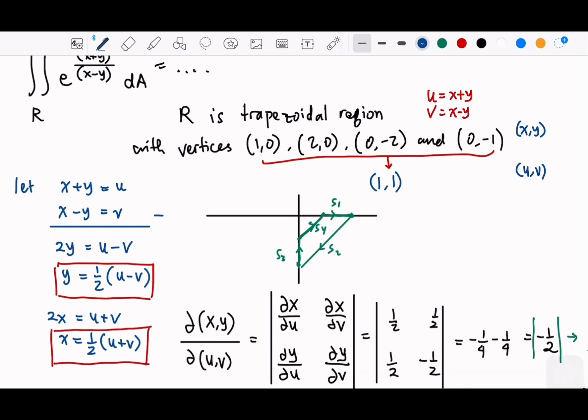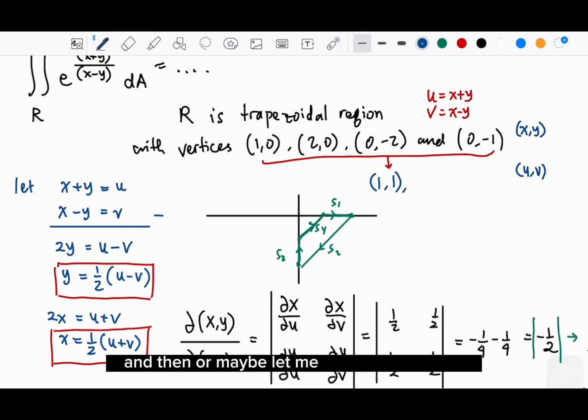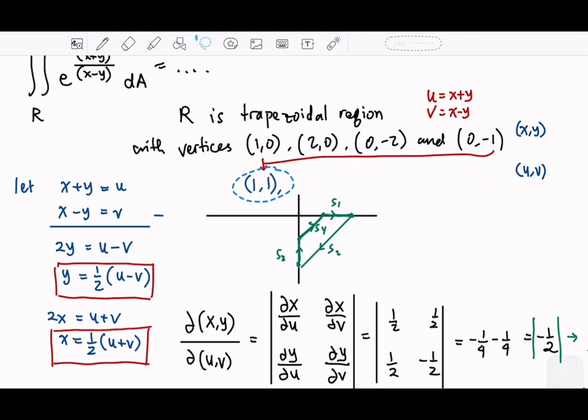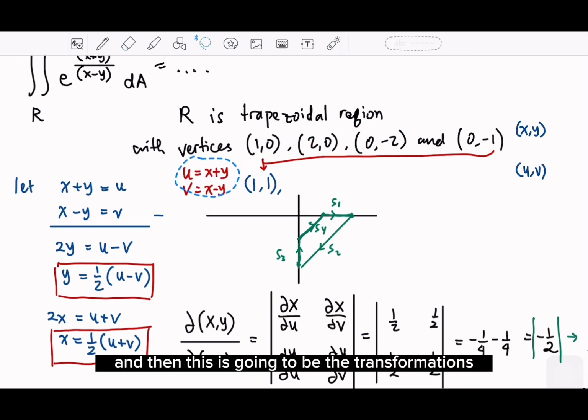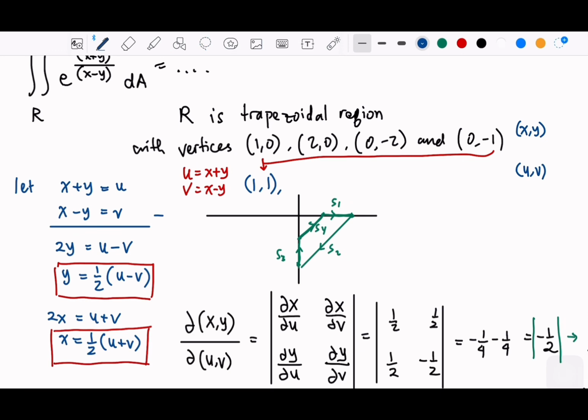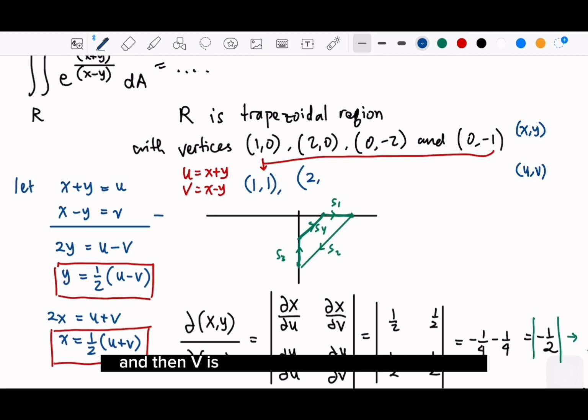Okay, or maybe let me write it more clearly. This is going to be here. And then this is going to be the transformations. And then 2, 0, we get 2, and then v is also 2.